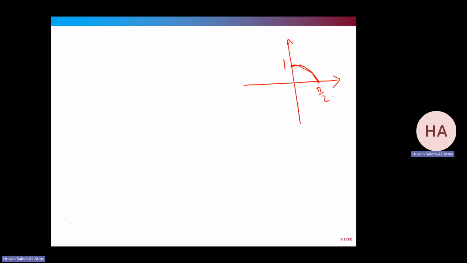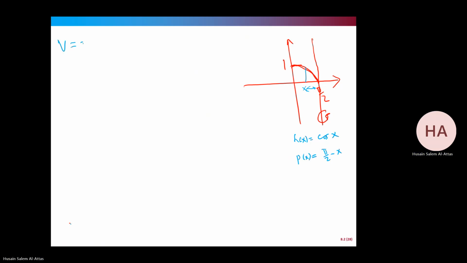This is pi over 2. And about the line x equal pi over 2, this is my axis of revolution. So we do my line this way. So h of x will be cosine, but p of x will be what? If this is x, I want this distance, which is pi over 2 minus x.